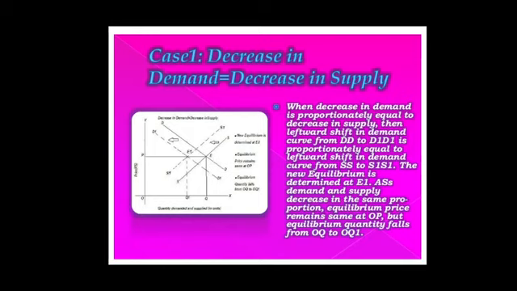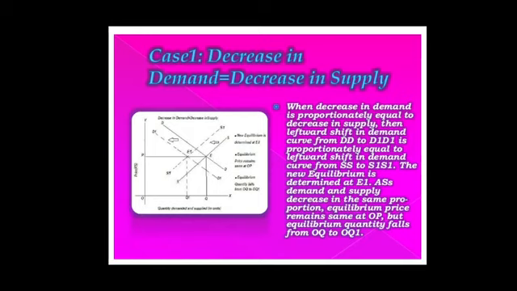The new equilibrium point is determined at E1 as demand and supply decrease in the same proportion. As we can see from the figure, at point E1, which is the new equilibrium point, equilibrium price remains the same at OP, but equilibrium quantity falls from OQ to OQ1.